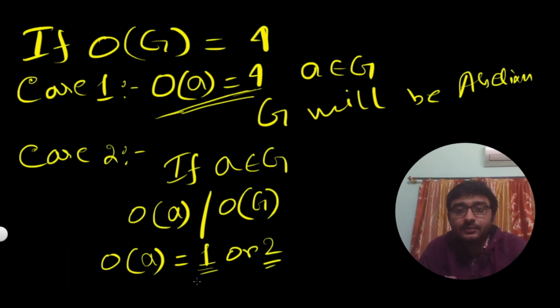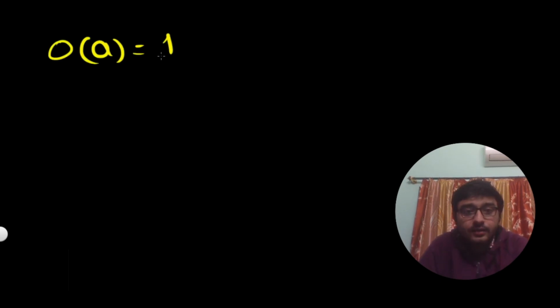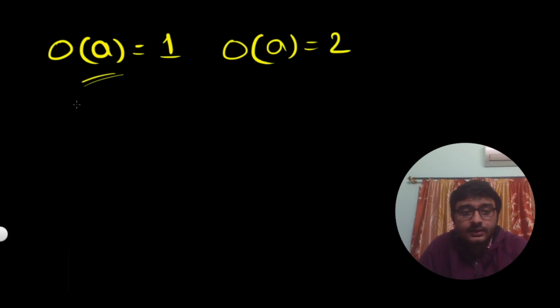Okay, so I think up to this you understand. So let's go to the next part. If the order of A is equal to 1 or 2, order 1 is for the identity element. In a group G of order 4, we will have an identity element and another 3 elements. For all those 3 elements, the order of A is 2.